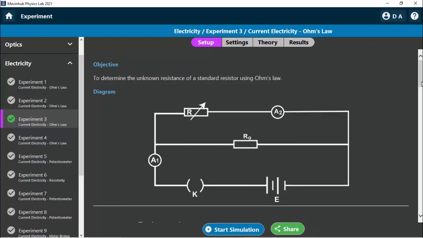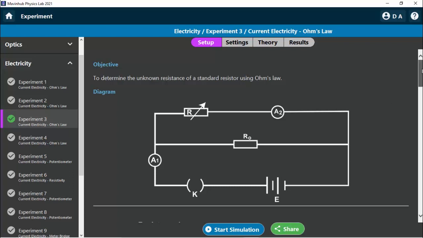The objective of this experiment is to calculate the resistance of the resistor given to you. So at the end of the experiment, they are trying to guide you on how to actually compute R0, which is the resistor that is labeled X. So that is basically what the objective of this experiment is all about.